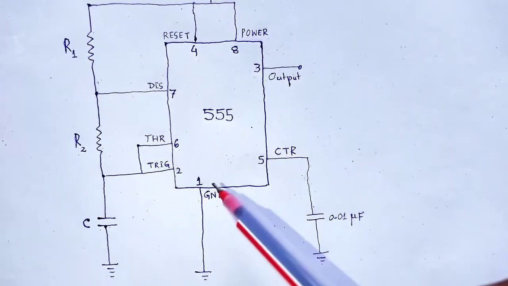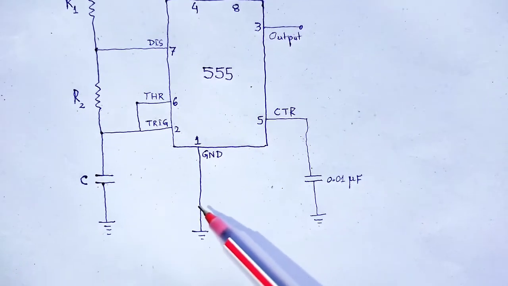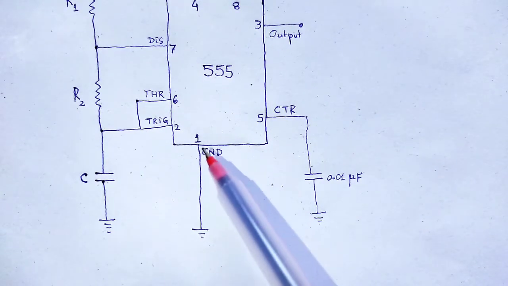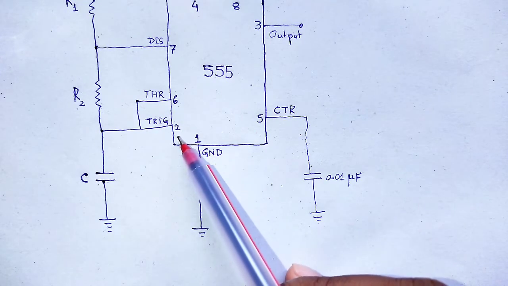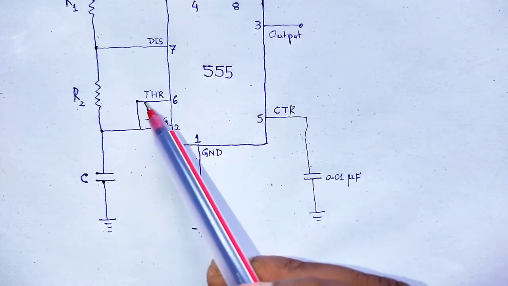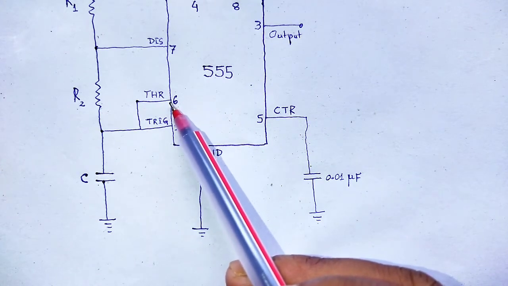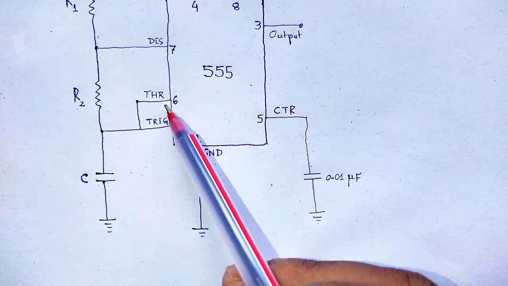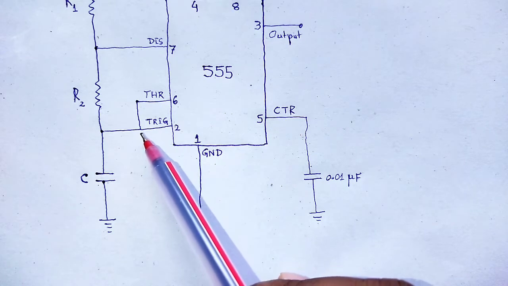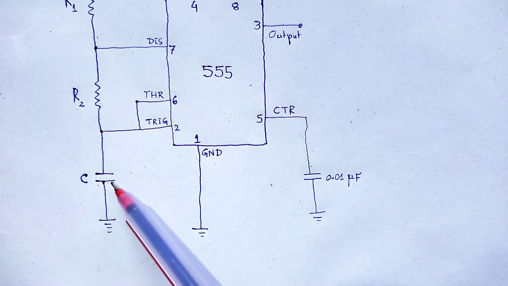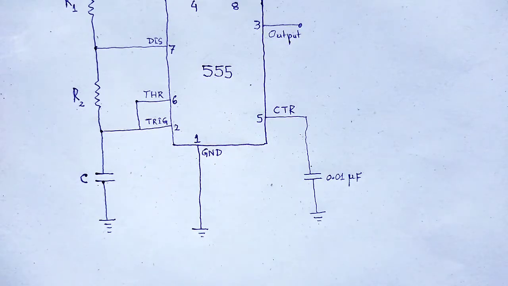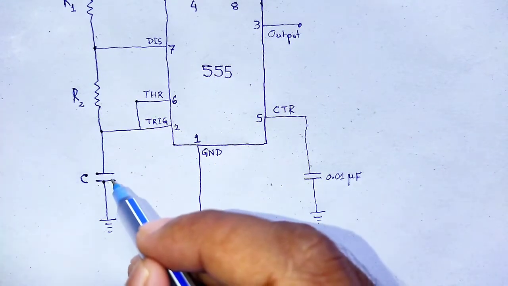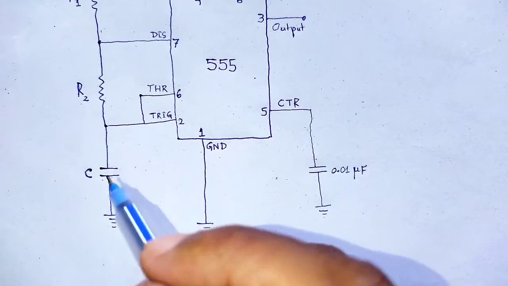So, there will be no such trigger signal. Therefore, trigger terminal pin number 2 is connected to threshold pin number 6, so that the voltage across the capacitor is Vc.